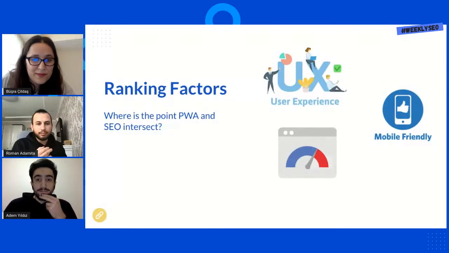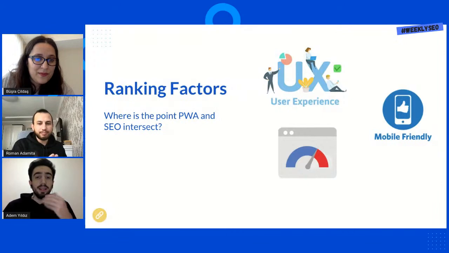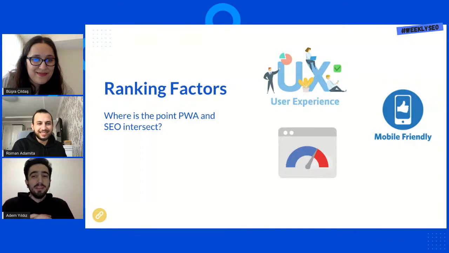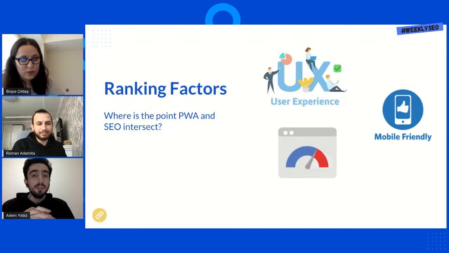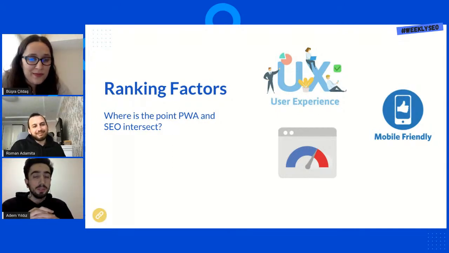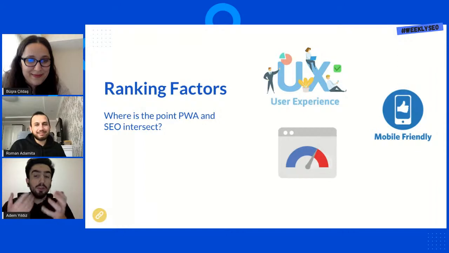Many factors that Google accounts for in rankings have a common point with PWA. That's what PWA makes: user experience, mobile friendliness, and page speed are also common issues in search engine optimization. And having a mobile friendly website for PWA is probably an indisputable fact.